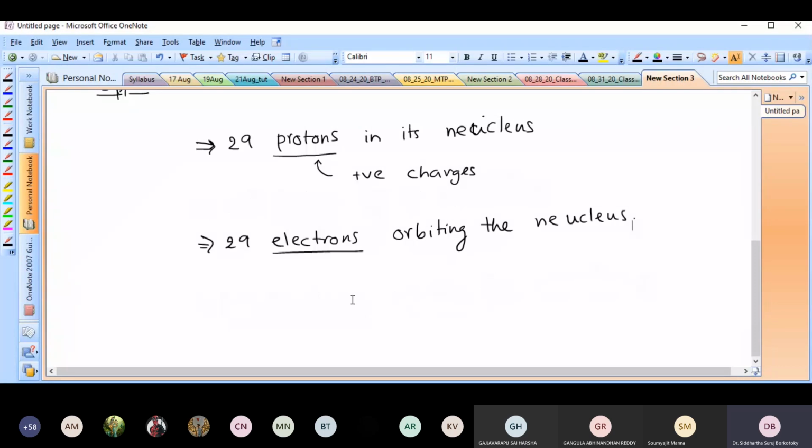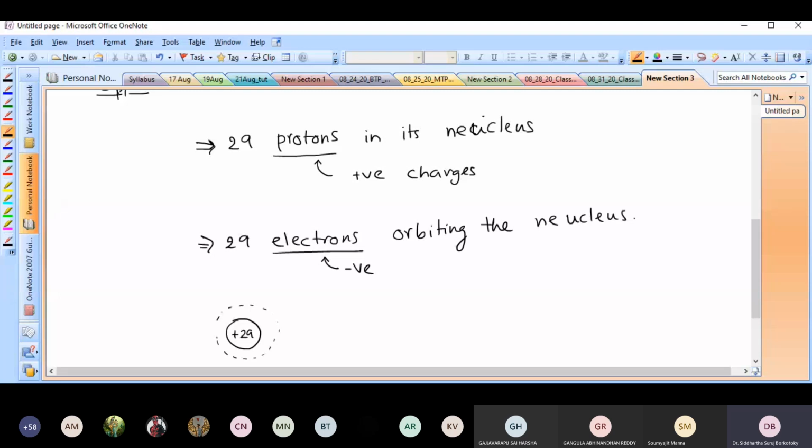And how are these electrons and protons distributed? At the core you have 29 protons, so a positive charge of 29. Electrons are negative. Then you have these orbits.